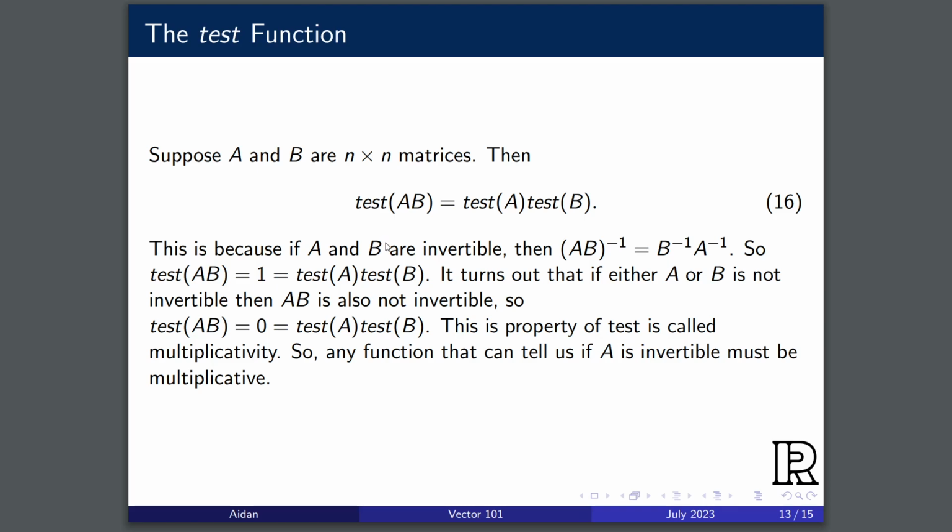Because if at least one of these isn't invertible, then either test A or test B will be 0, and any number times 0 is 0. So test is what we call multiplicative. Basically, it distributes over matrix products, whereas matrices distribute over linear combinations. So it's not linear, it's multiplicative.